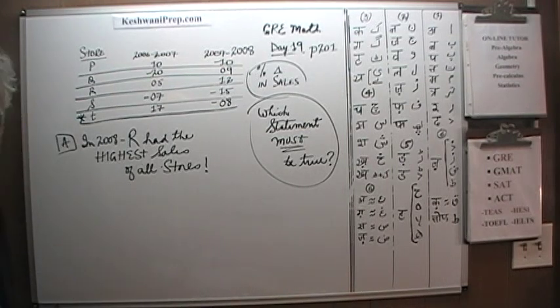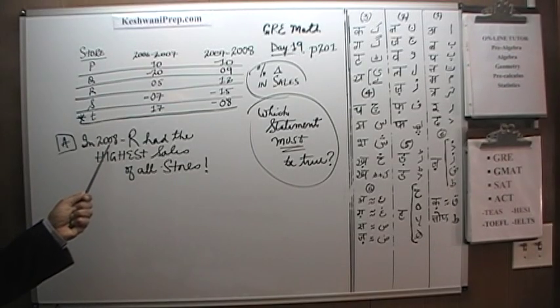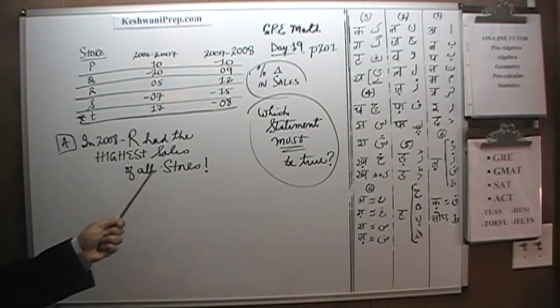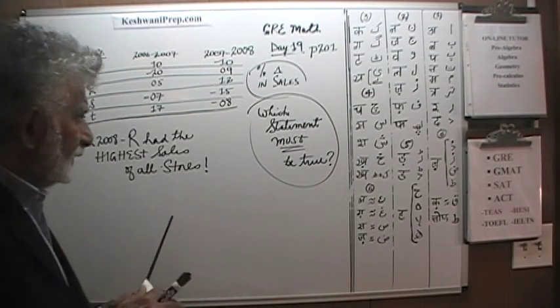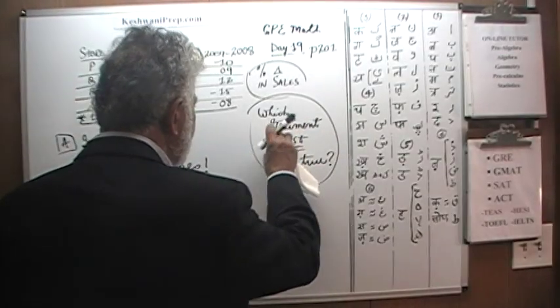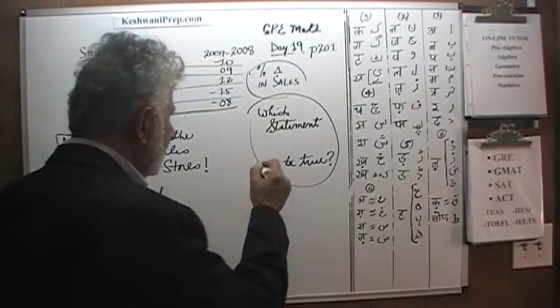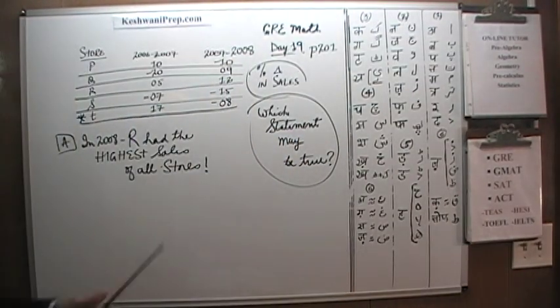Let's look at the very first statement, statement A. Statement A claims that in 2008 store R had the highest sales of all stores. Now instead of must here, if you were to change this from must to may, then that statement may be true.